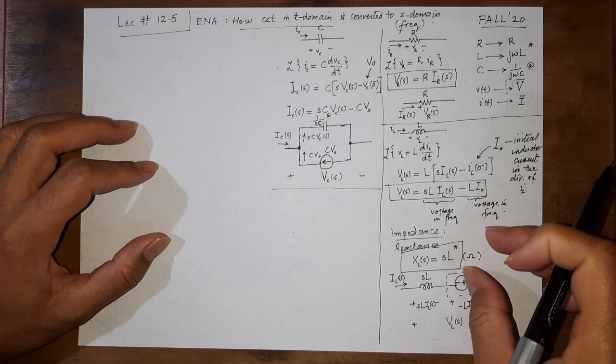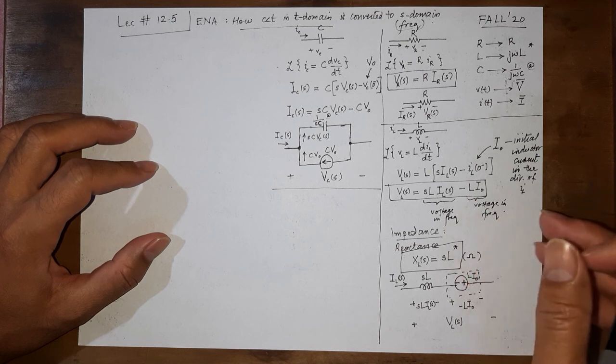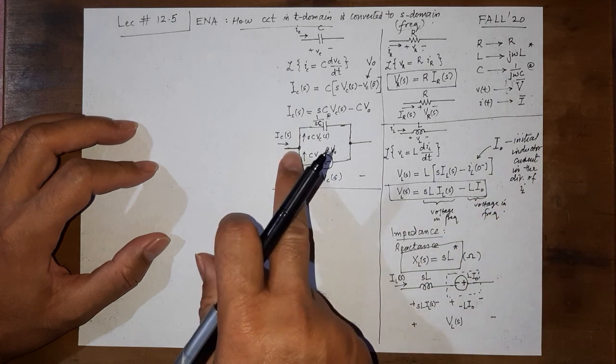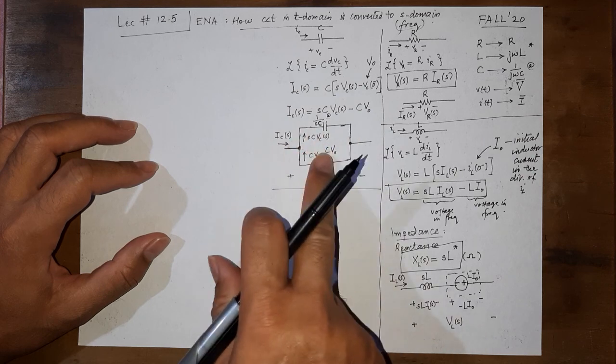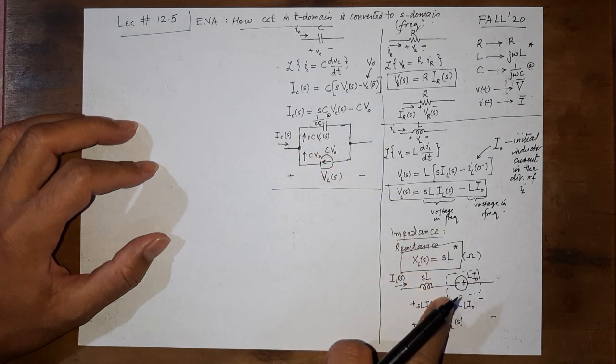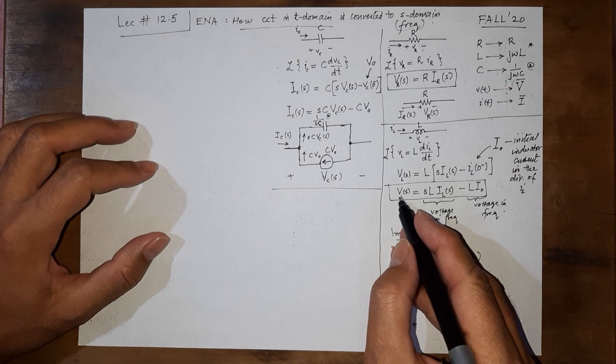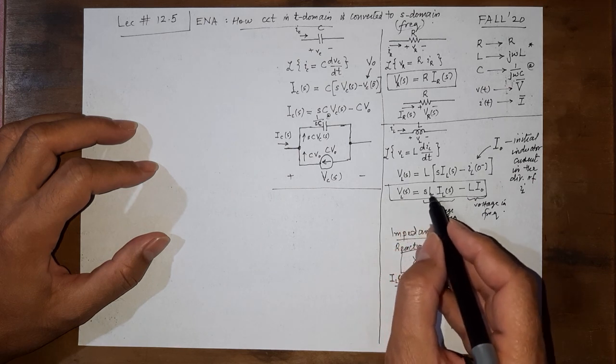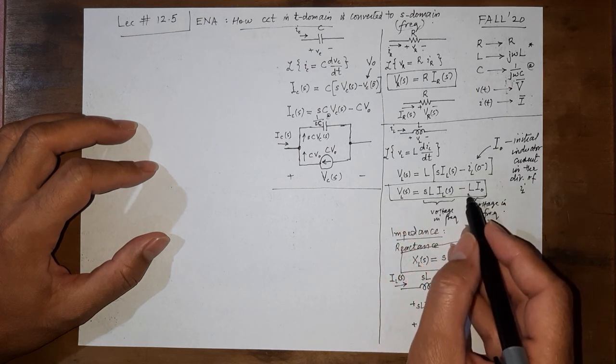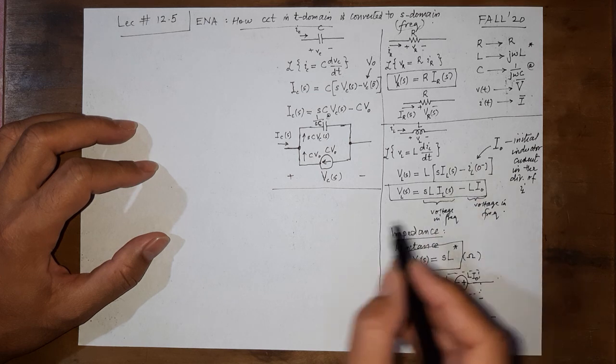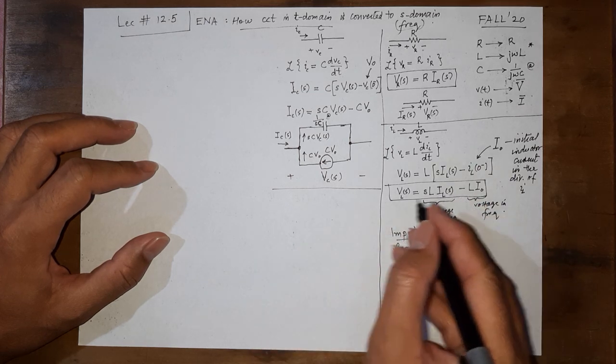We can draw such a symbol for an inductor as well. So if this is VL equal to SLI minus LI naught, what will IL be equal to? Let us find IL from this expression.